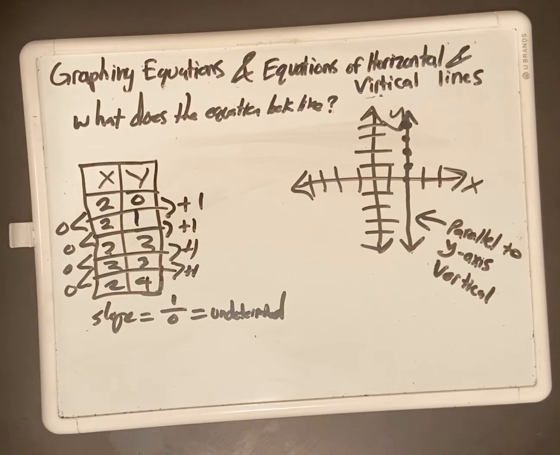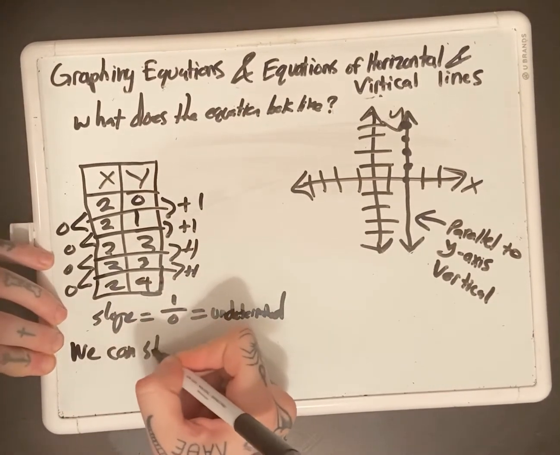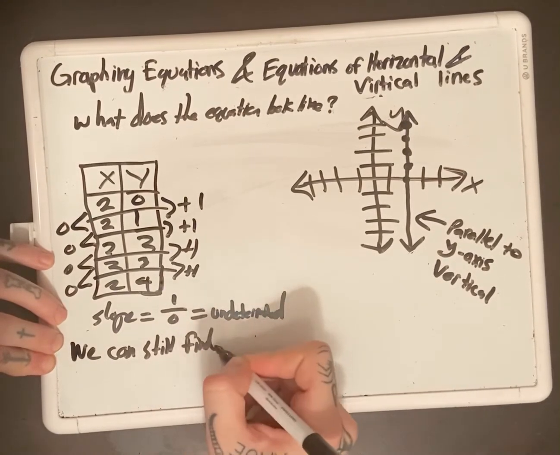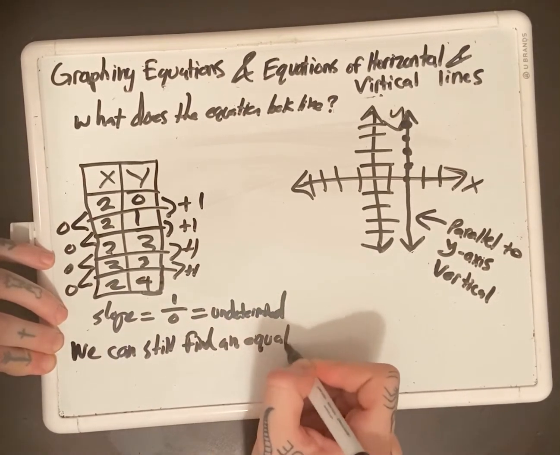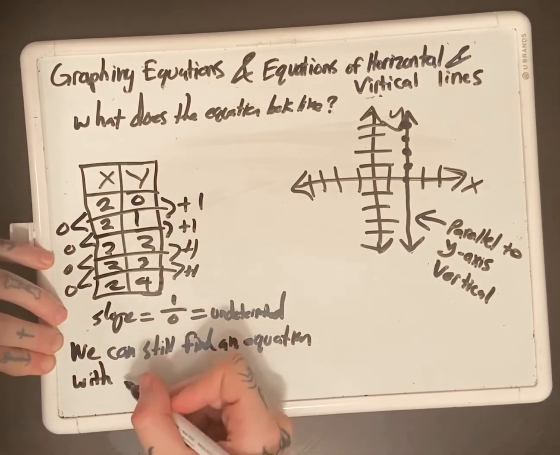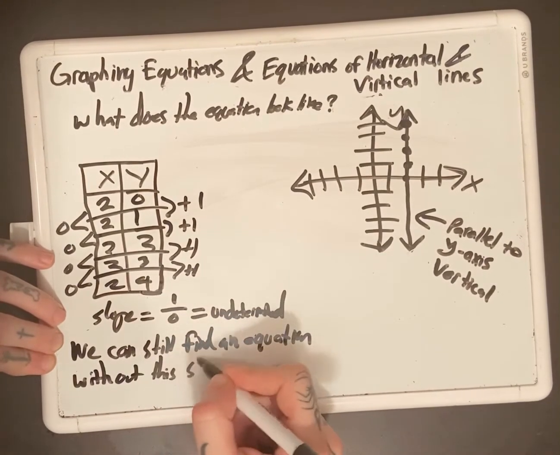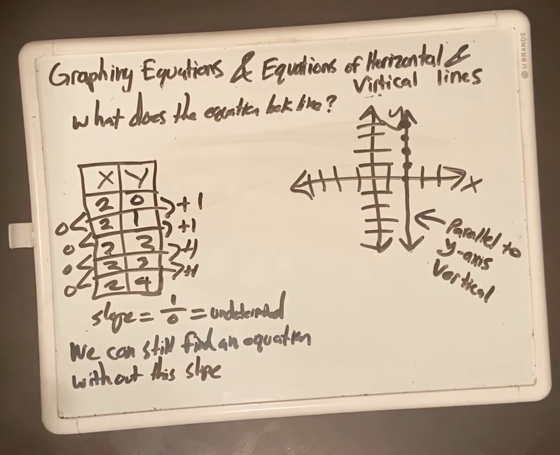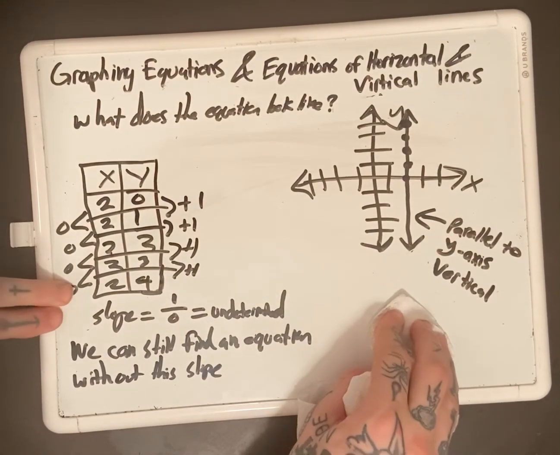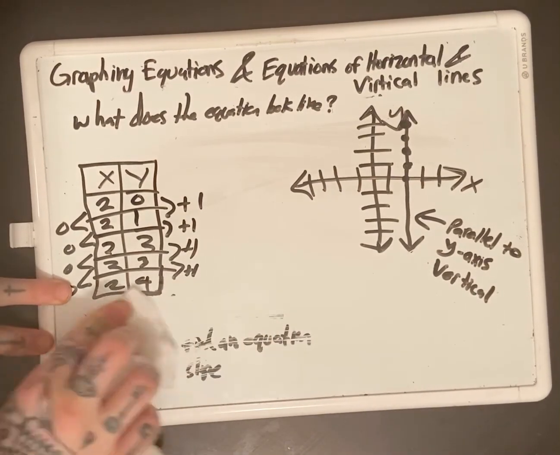Okay, so we can still find an equation without this slope. We kind of ran into a dead end, right? So let's just ignore the weird slope.